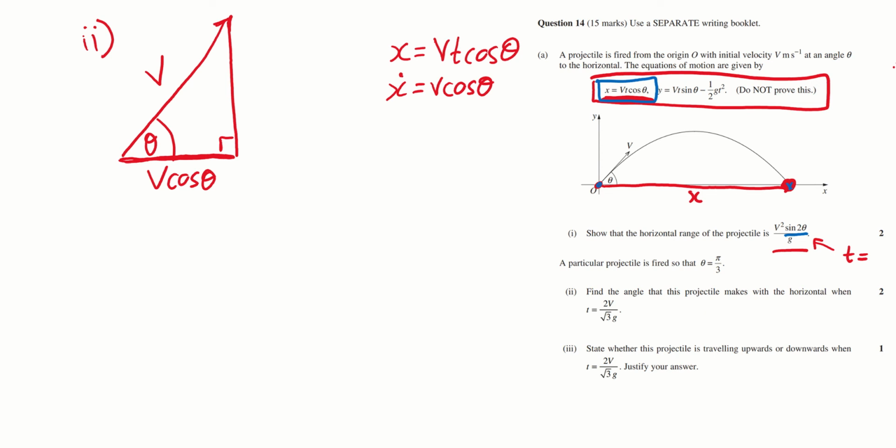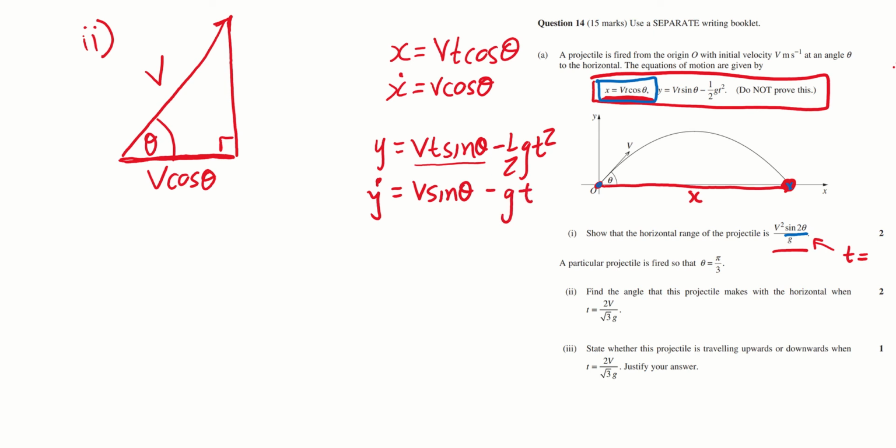So now if I do the exact same thing for y equals vt sine theta minus a half gt squared, y dashed, well, drop the t off, v sine theta, times the 2 out the front. Well, this one works out nicely. So then I get my y value for the velocity.